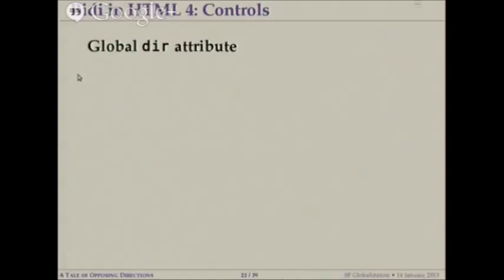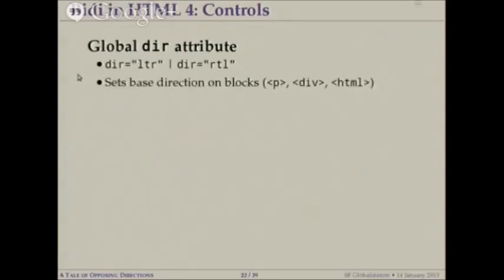And global means it's valid on every element in HTML. And it takes two values, LTR for left to right and RTL for right to left. And what it does on a block, it sets the base direction of that block. And then on an inline, it creates an embedding with that stated directionality.